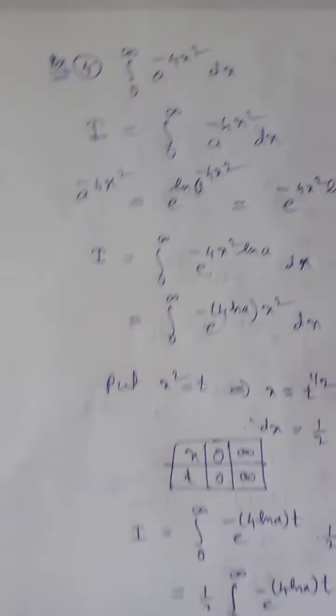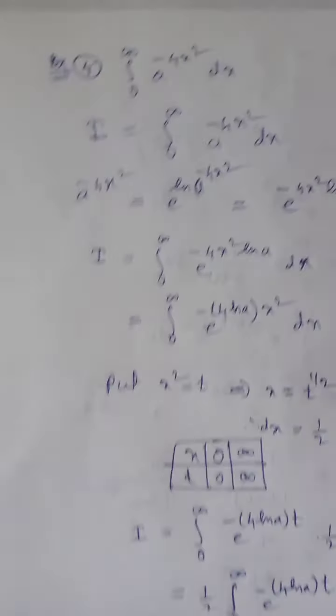When x is infinity, t is infinity. Therefore in this integration, new limits are same, 0 to infinity, x square, but x is t to the power half, so it's t to the power half square, into e to the power minus h square x square, but x square is t, into dx. Dx is half into t to the power minus half dt.